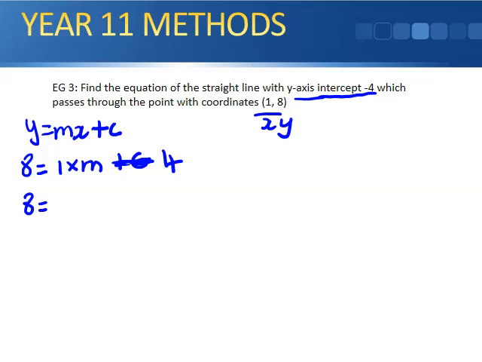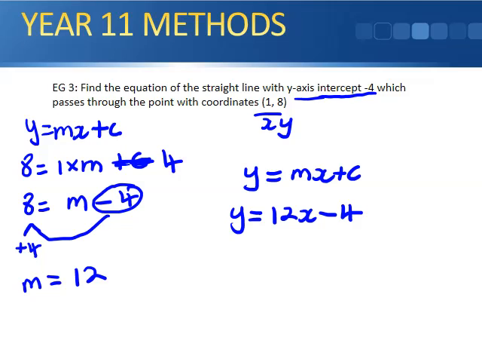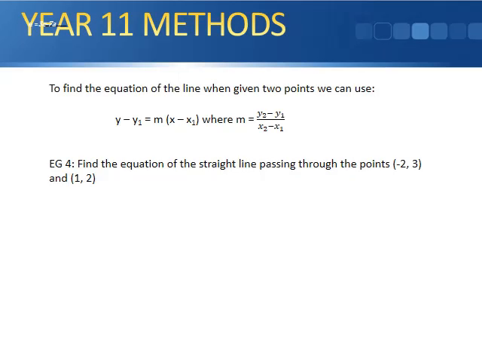So I get 8 equals 1 times m, that's just m, -4, and got to get rid of that to find my m, becomes +4. So I get m equals 8 plus 4 gives me 12. So now I know my gradient, I know my y-intercept, so I get y equals mx plus c. I get y equals 12x, and c was -4. So that's that rule there.